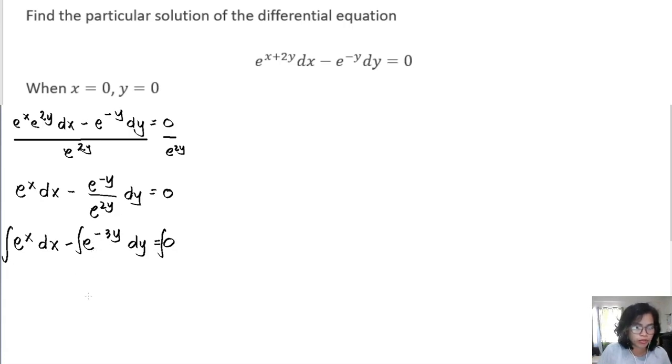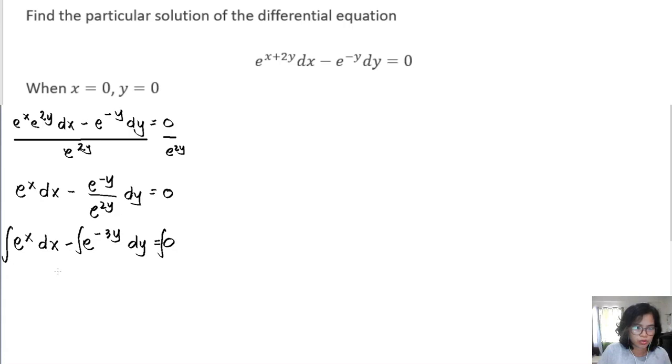The goal of this one is not really to solve this manually, but I just want you to review your integral calculus. Maybe you have forgotten. So for this one, e to the negative 3y dy. What to do?